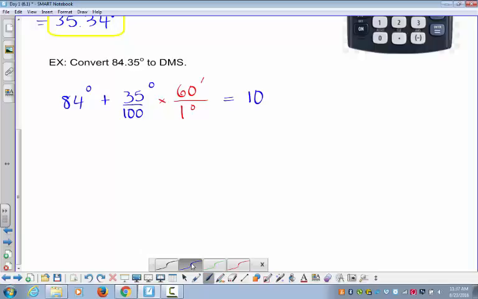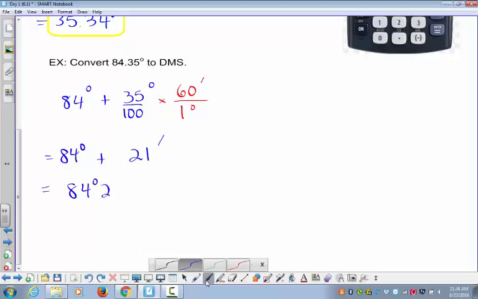We can't combine these. These are not the same anymore. Right? One is degrees and one is minutes. This is 84 degrees plus, right, our units here are now minutes. So we got to do 35 times 60 divided by 100, and that's minutes. So that's 21 minutes. That's the mistake. And so that gives us our DMS answer.